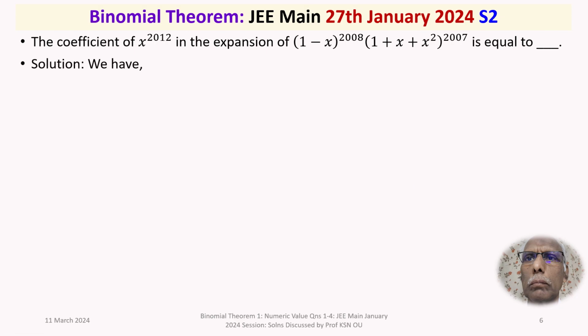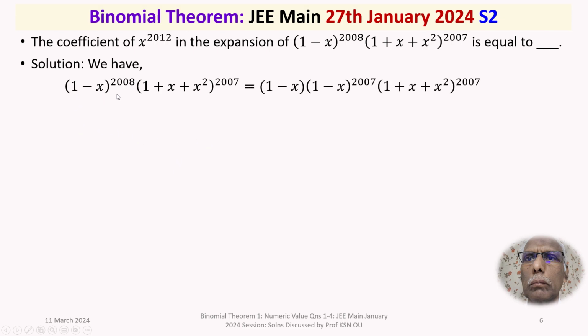Let's now discuss the solution of the problem in detail. We have (1 minus x) to the power of 2008 multiplied by (1 plus x square) to the power of 2007. We split this (1 minus x) to the power of 2008 as 2 factors.